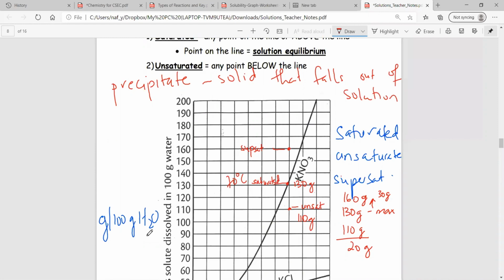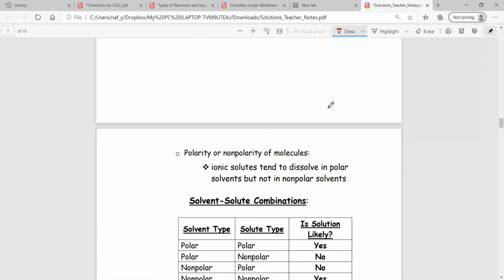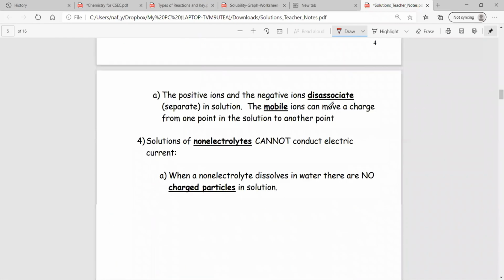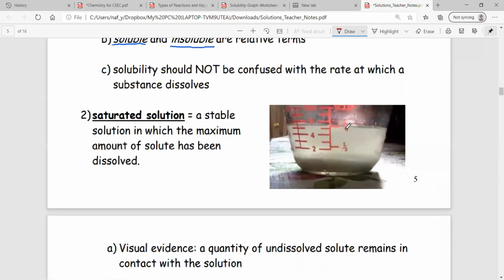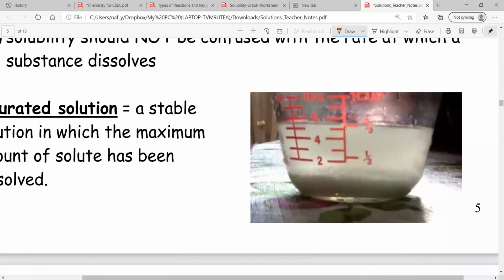A precipitate pretty much is just a solid that falls out of the solution. So I am going to quickly go back to the diagram, the picture here. Remember this picture that we were looking at? At the bottom here, where you can see the solid, up here would have been the solution. Here is a solid. This is what we call the precipitate.